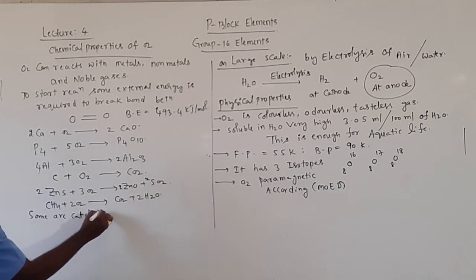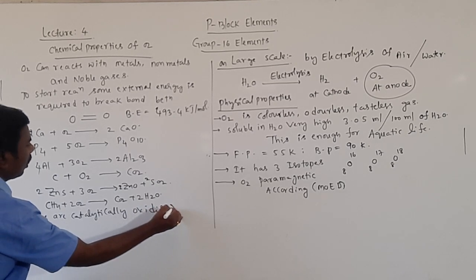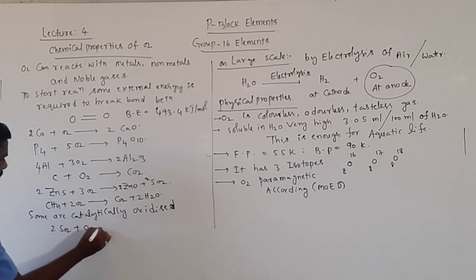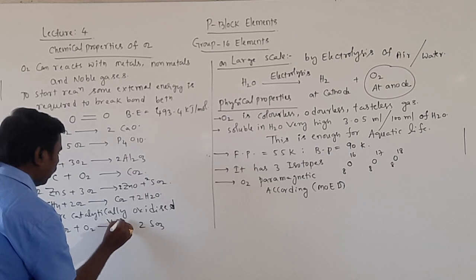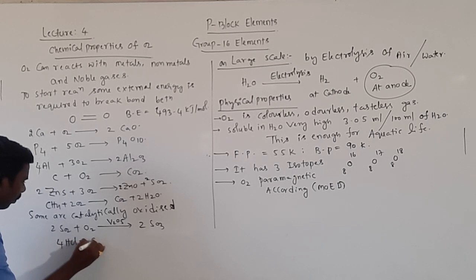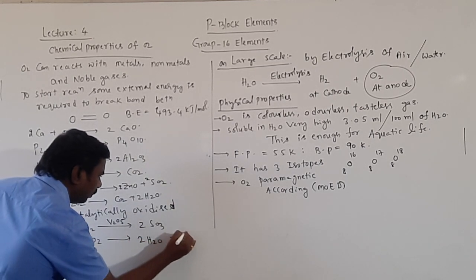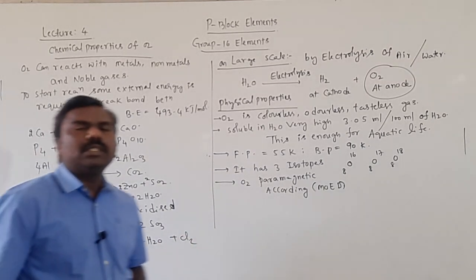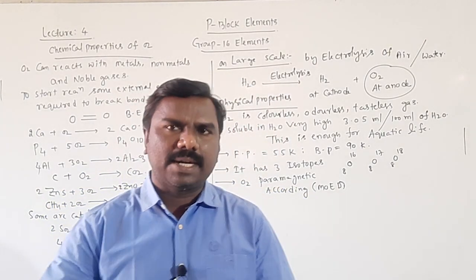Examples: 2SO2 plus O2 gives 2SO3, and the catalyst is vanadium pentoxide. 4HCl plus O2 gives 2H2O plus 2Cl2, and the catalyst is cupric chloride. So, this is about the chemical reactivity of oxygen, which forms oxides.